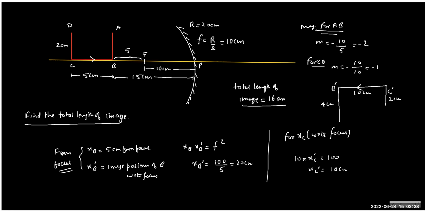Try to apply the methods and see how comfortable you are. And try using Newton's formula and the magnification in terms of distance from the focus, instead of doing it from the pole all the time.